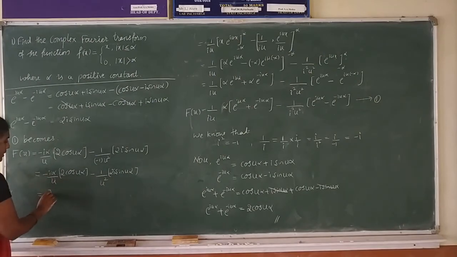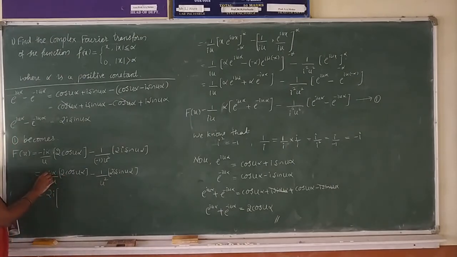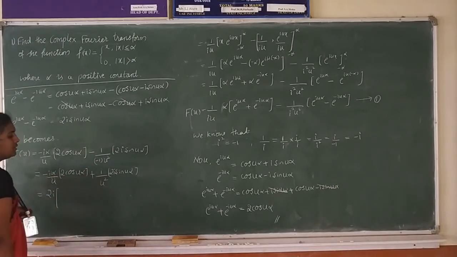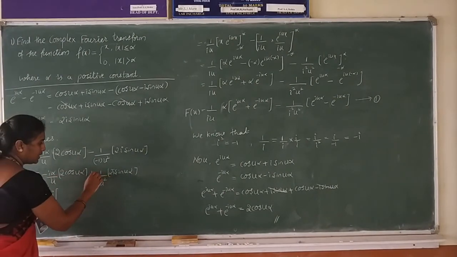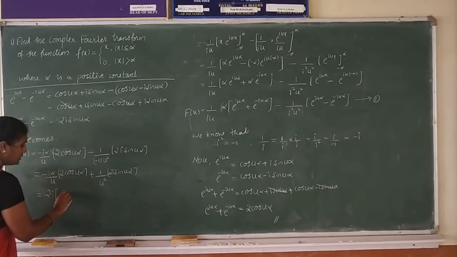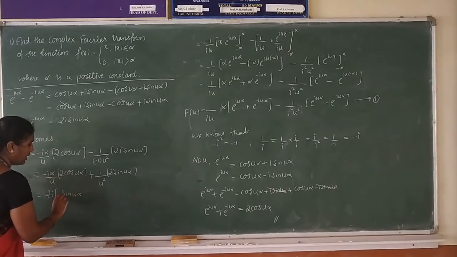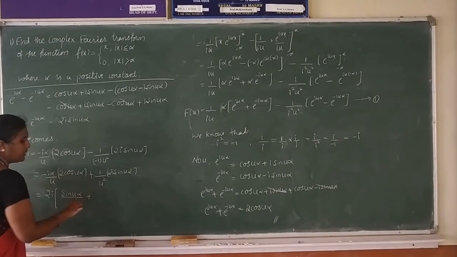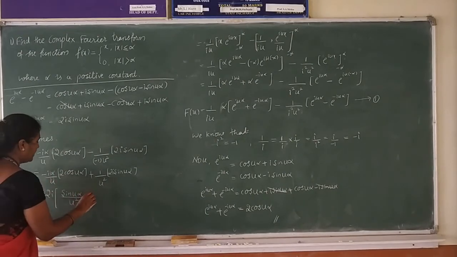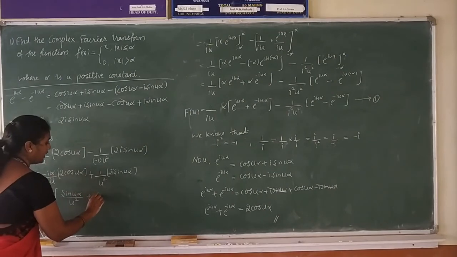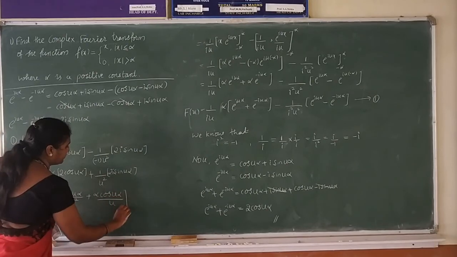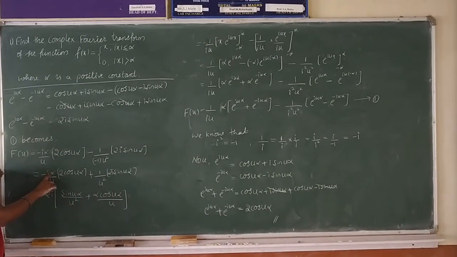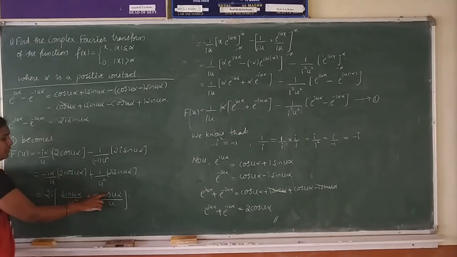Taking 2i as common, first we write sin u alpha upon u square, and next, minus alpha into cos u alpha upon u.